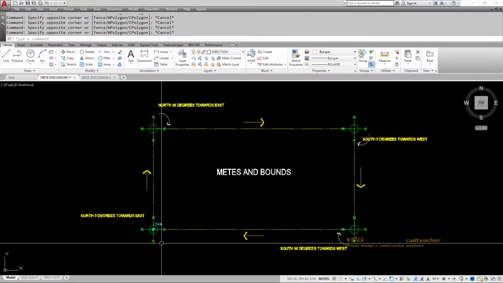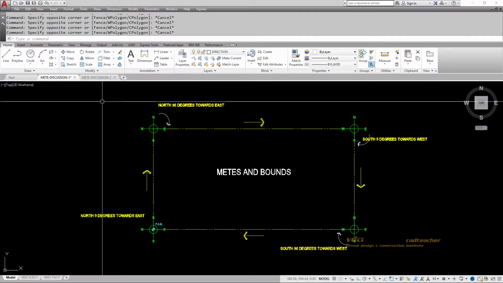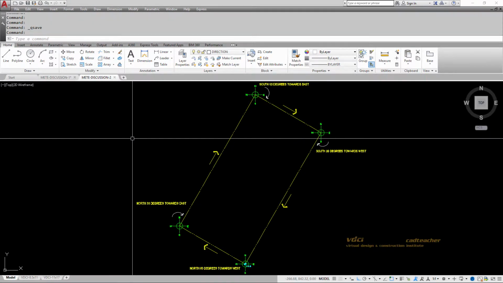So this is a very simple example based on a rectangle that is perfectly north and south. You know as well as I do, though, that most properties don't go straight up and down, north and south, left and right, east and west. Normally, they will be relative to different angles.